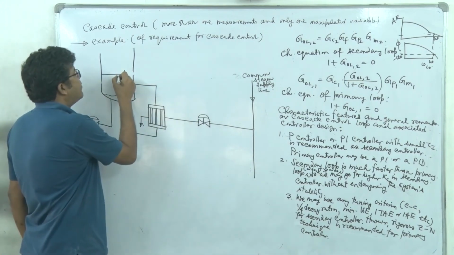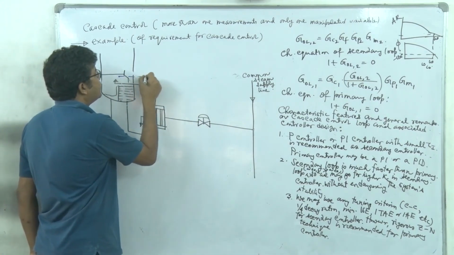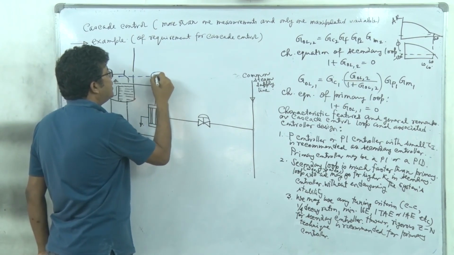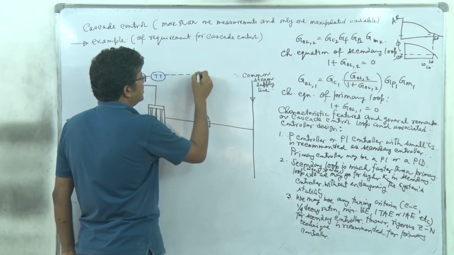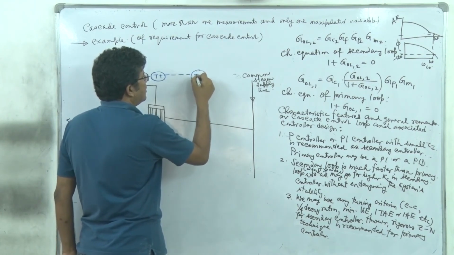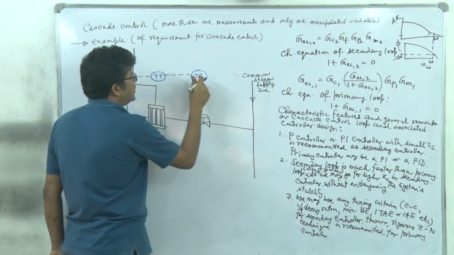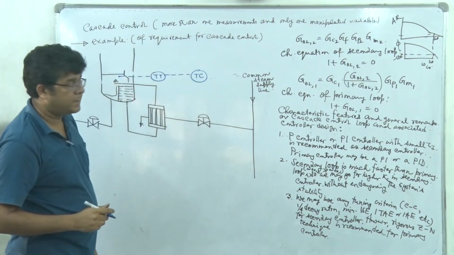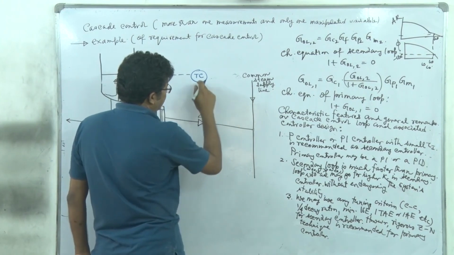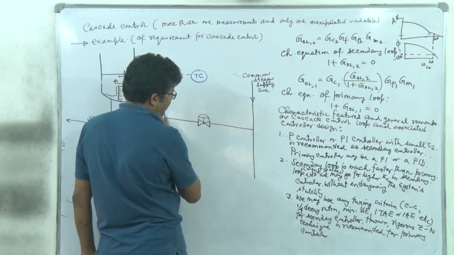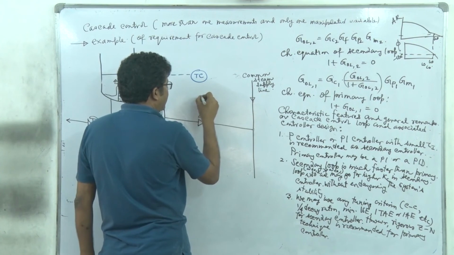So you measure the temperature, Tt, then there will be a temperature controller, which will decide about the flow. So this will supply what should be the desired flow in this line. Now we have a secondary controller, that is the flow controller.